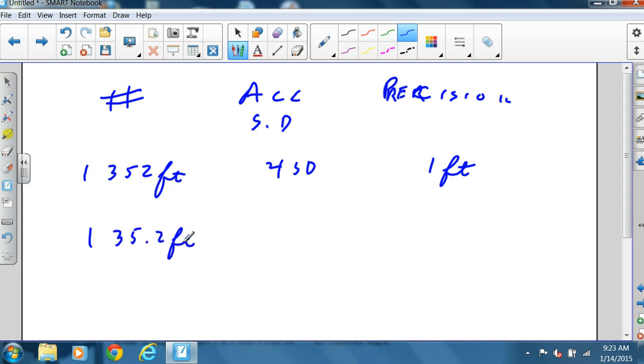135.2 feet. Okay, number of significant digits, 4 significant digits, but my precision has now changed, and I know it to, what do I know it to? I don't know. 2/10 of a foot. No, 1/10 of a foot is what I know it to, because it's not 0.3 and it's not 0.1, it's 0.2.